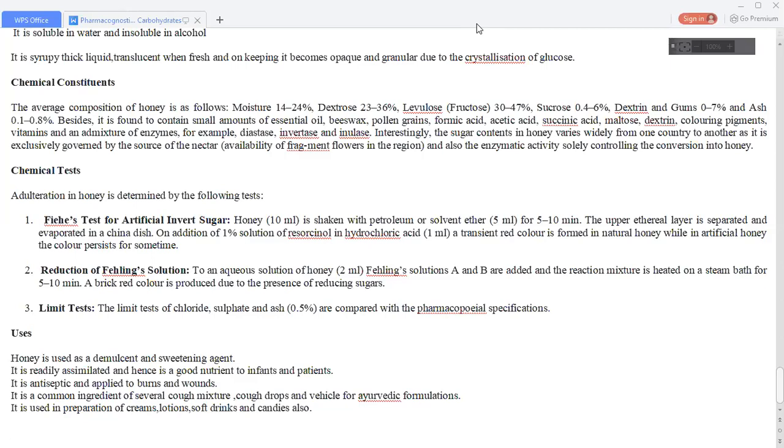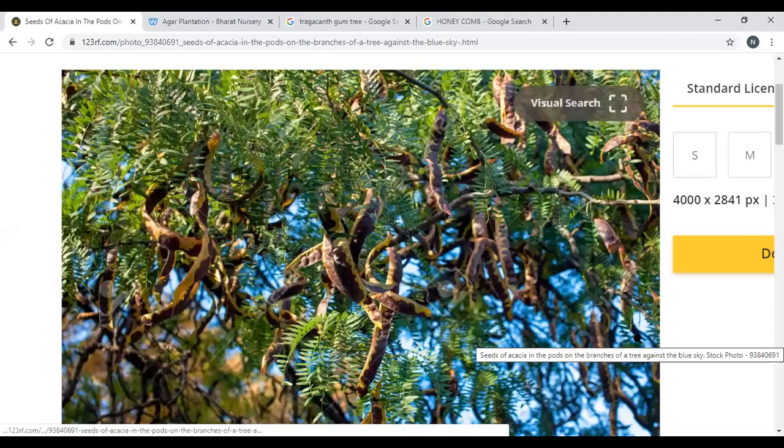Okay, let us view some pics of these primary metabolites. So this is a pic of Acacia gum. Okay.